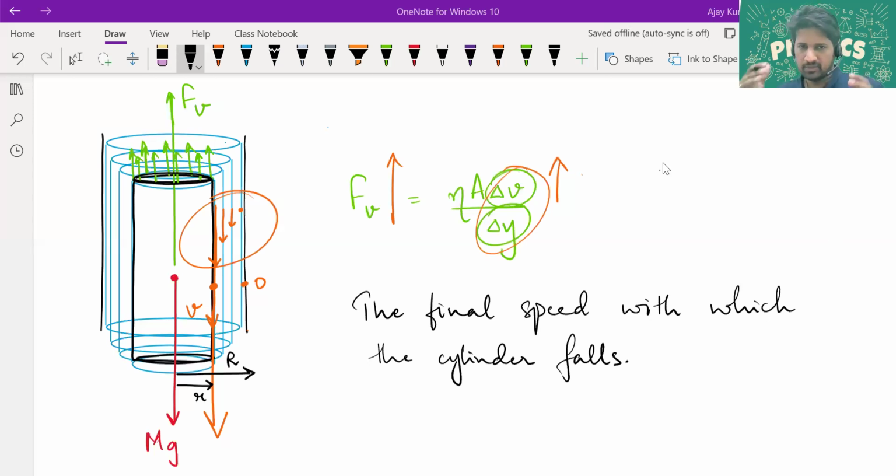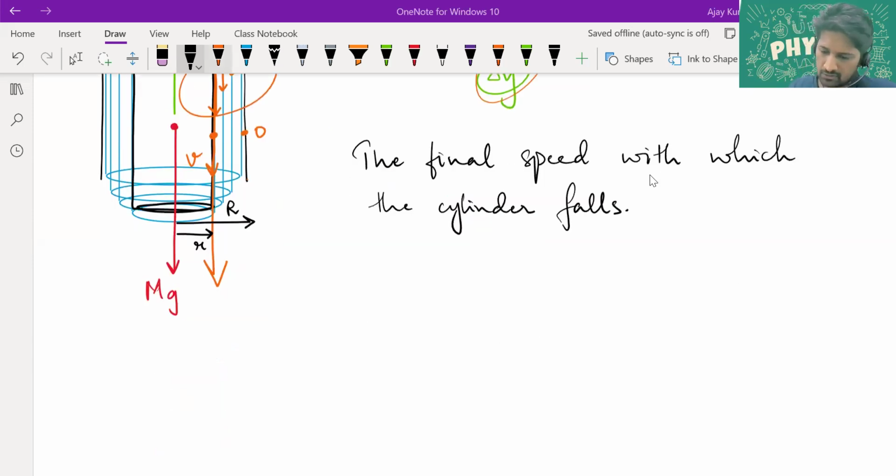The idea here is to imagine the layers sliding, which we have already done. The layer which is in contact with the cylinder is in the shape of a hollow cylinder. So the area of contact between the sliding cylinder and the oil becomes 2 pi small r multiplied by L. Only the curved surface of the cylinder is in contact with oil, so the area of contact is this much.